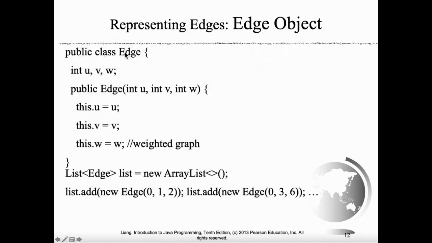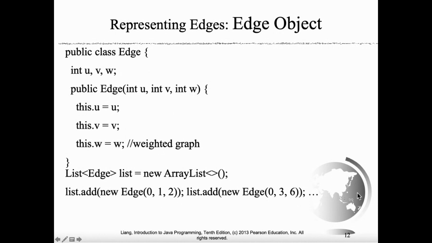But we could alternatively create objects of edge, and this is especially useful if you have a weight for each edge, so it's a weighted graph. That makes it easier to store the data. Here we say node 0 is connected to node 1 with a weight of, for example, 2, and 0 to 3 is connected with a weight of 6, and so on.